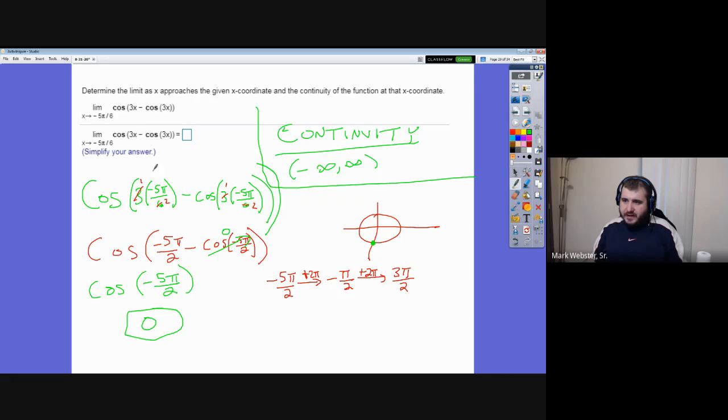So we plug in negative 5 pi over 6. And then we simplify everything down to make life easier for us. And then we find the cosine of negative 5 pi over 2 is actually the cosine of 3 pi over 2, which is 0. And then we do it again now because it's the same situation. And then we get 0.